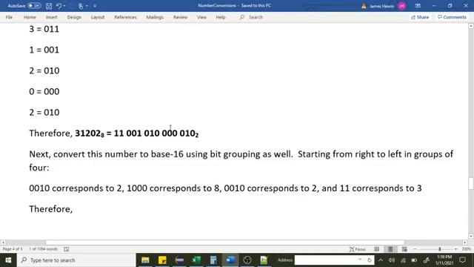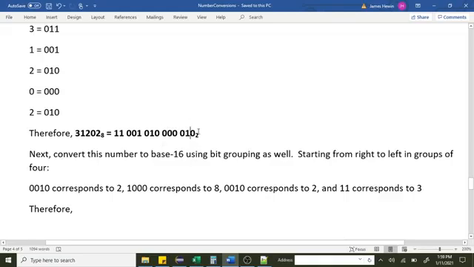Then convert this number to base 16 using bit grouping as well. But remember, when you're going to base 16, you're doing groups of 4, so you've got to be careful here.